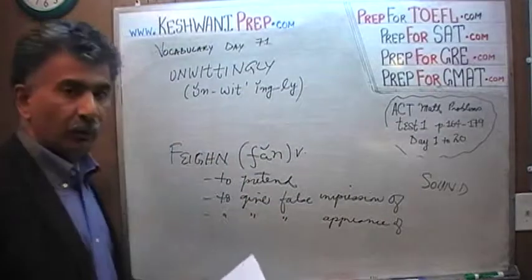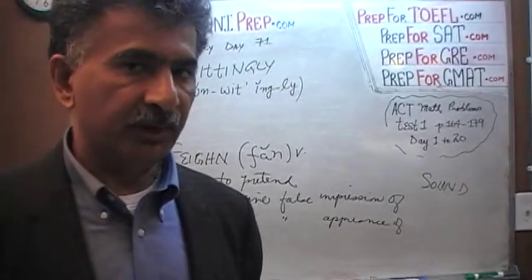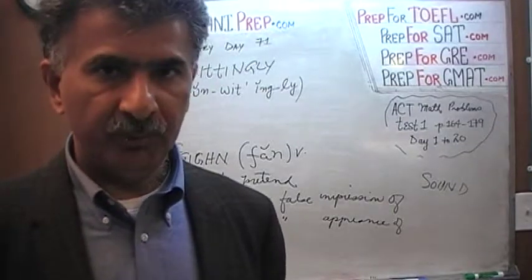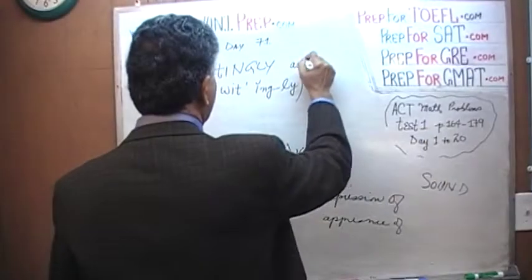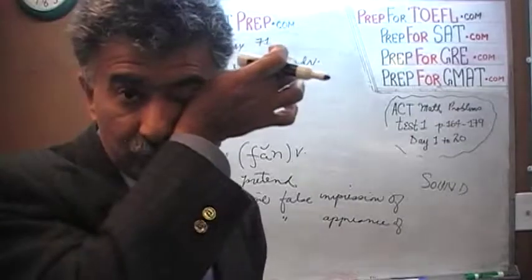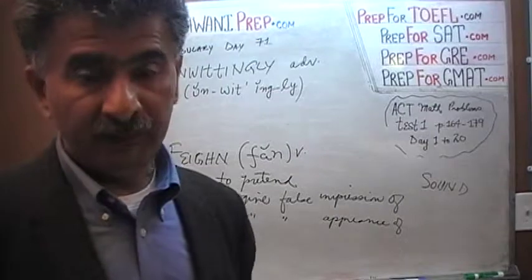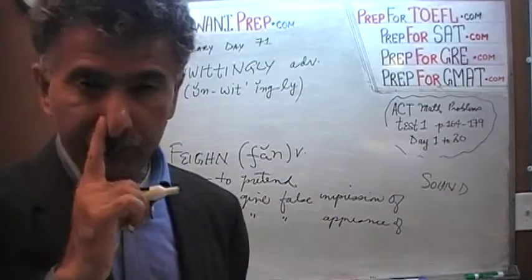Of course, if you've been watching these videos for some time, you know by now that it doesn't matter how simple the word might be, it doesn't matter how simple the pronunciation might be, we always make a point of writing the pronunciation. This is an adverb. Unwittingly. What does it mean to do something unwittingly?